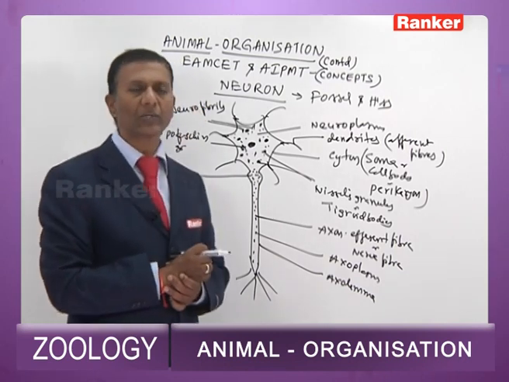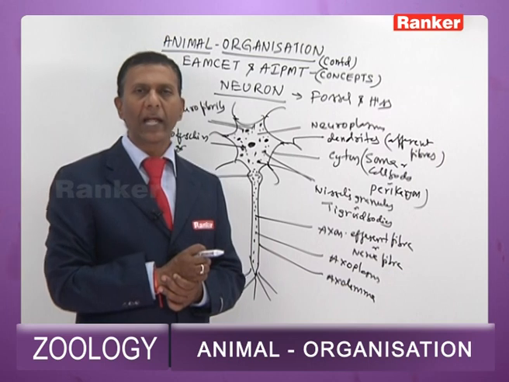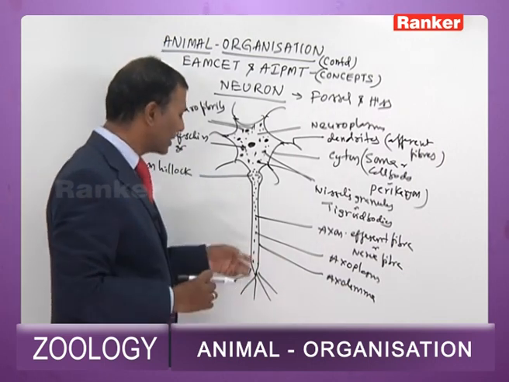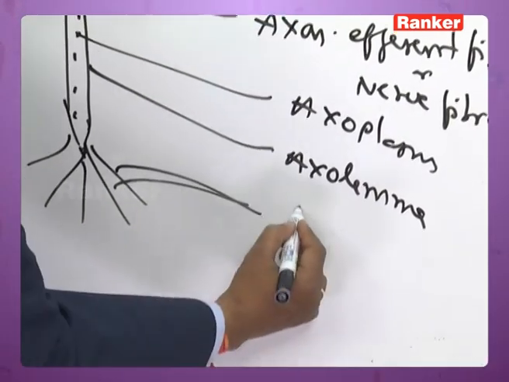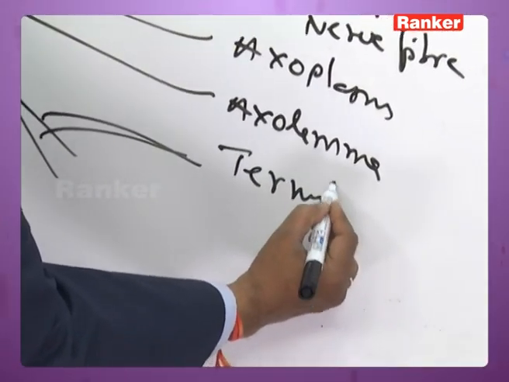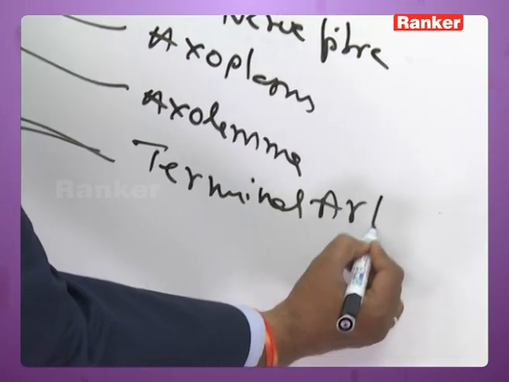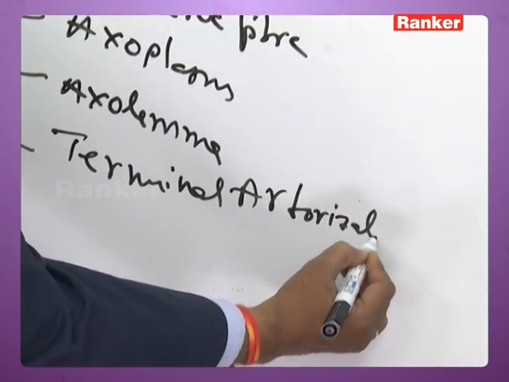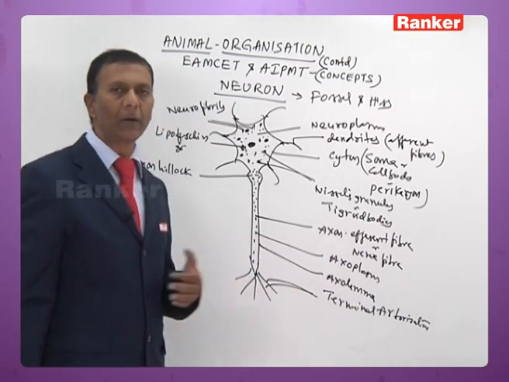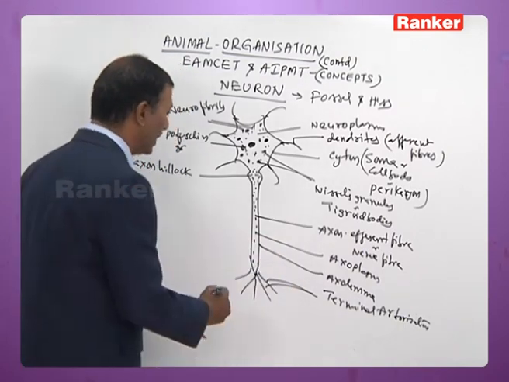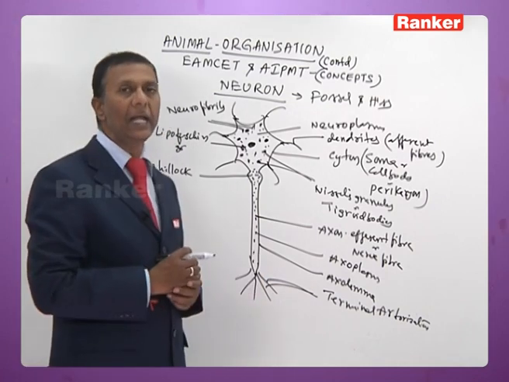Sometimes the axon gives rise to lateral branches called collateral branches. Then towards the end, the axon ramifies to form terminal arborization, or they are also called teledendrites.